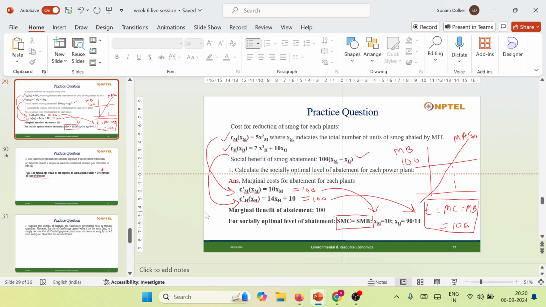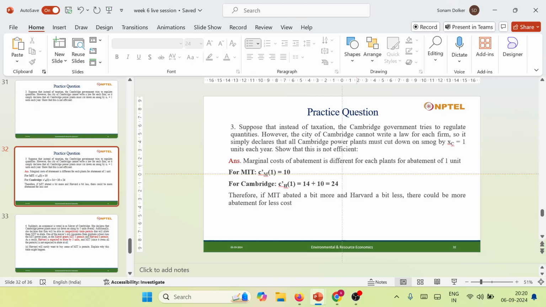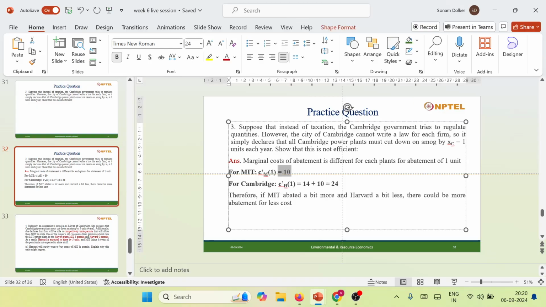However, for H plant, it will be 14 into 1 plus 10, because this plant has higher marginal abatement cost. So for both plants, the marginal abatement cost for abatement of 1 unit of emission is very different.